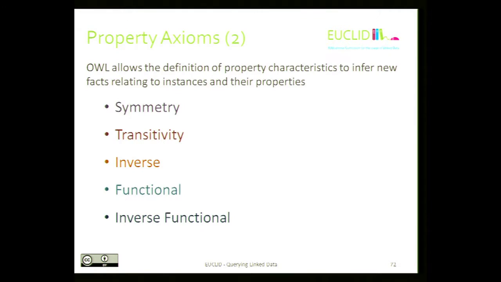Okay, now more about properties that we can do with OWL. We can assert any one of these 5 mathematical things: symmetry, transitivity, inverse between 2 properties, functionality and inverse functionality of a property.